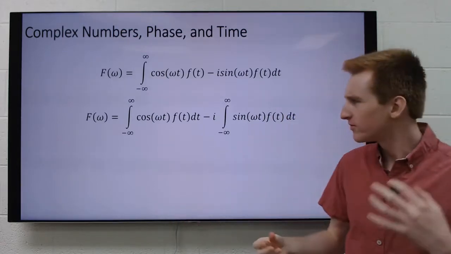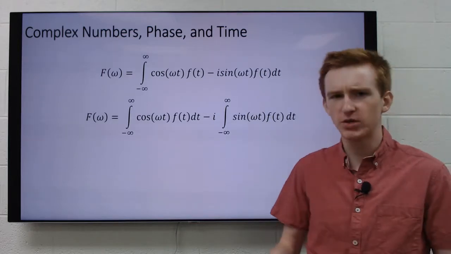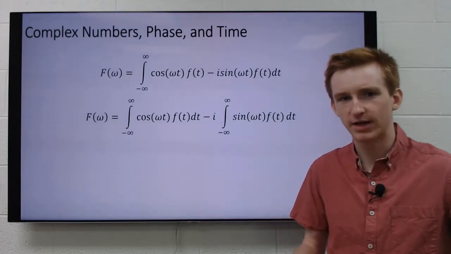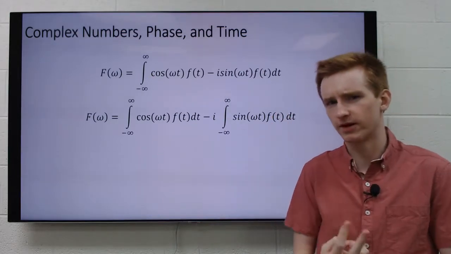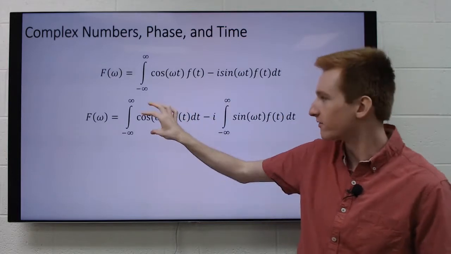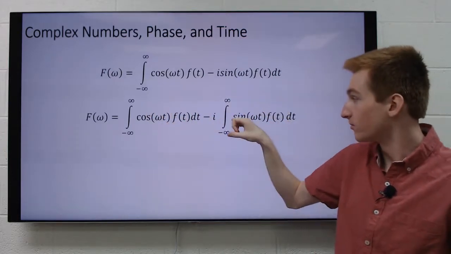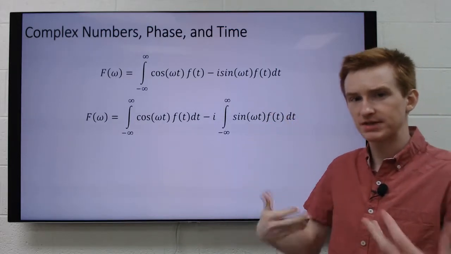So now we've stumbled upon something interesting. This F of omega, when you use this e to the minus i omega t, what you really get is a sum of two comparison scores. One, when you compare with the cosine version of your wave, and another, multiplied by i, the sine comparison score, when you compare with the sine version of your wave.